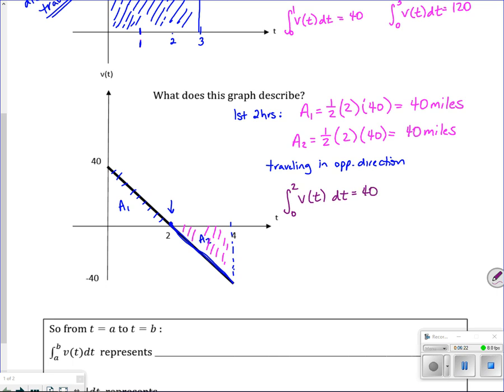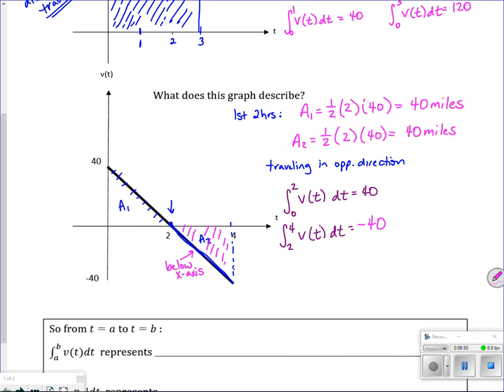But what would this other integral be? What you have to learn is that, yes, you can think of area, but because this piece is below the x-axis, mathematically that integral that accumulates that change is going to be negative 40.